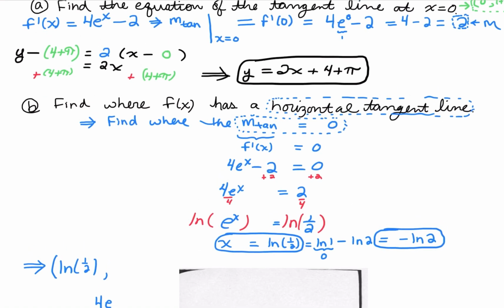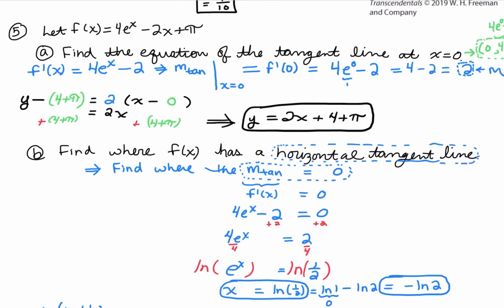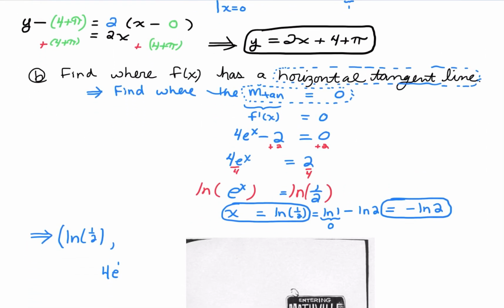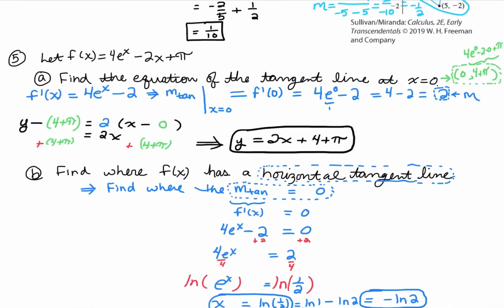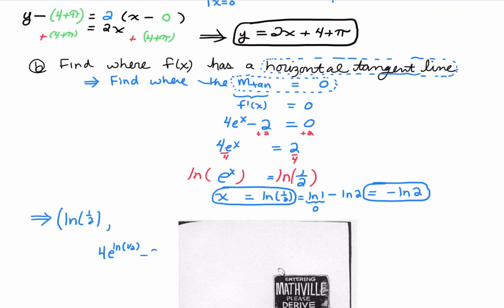Let me just scroll down. See, 4e to the x, so 4e to the natural log of a half, and then minus 2x, so minus 2 natural log of a half, and then it was plus pi.